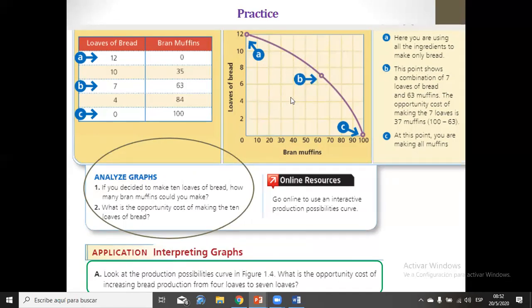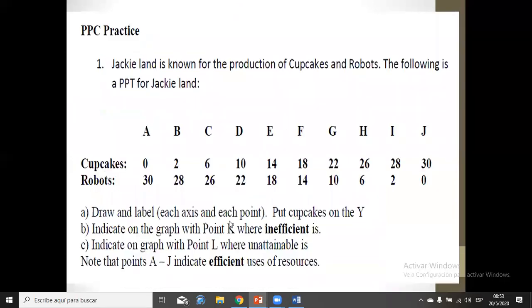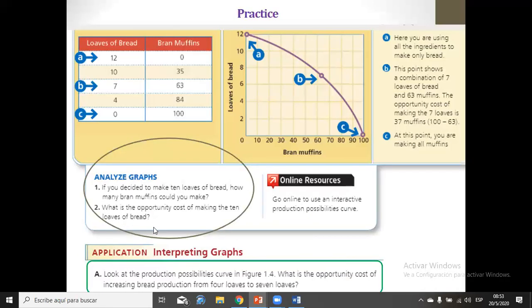So this area is the inefficient area. It says you need to write the point K in the inefficient area, graphic, ubicate. So you have to ubicate it over here in this area.